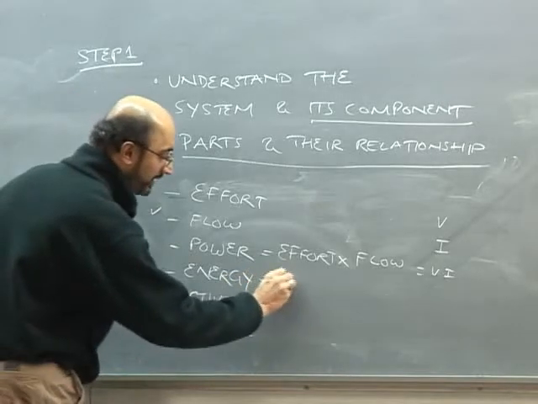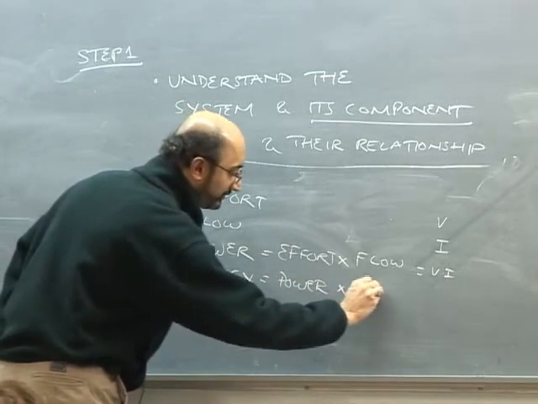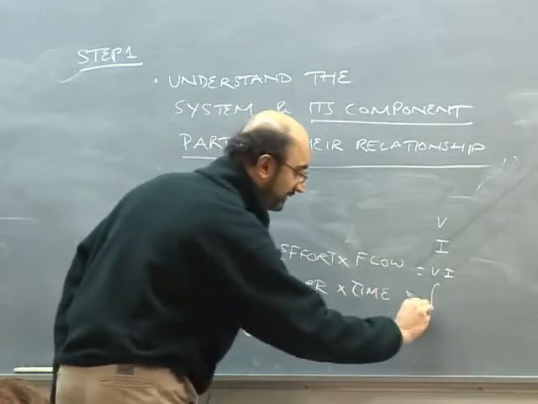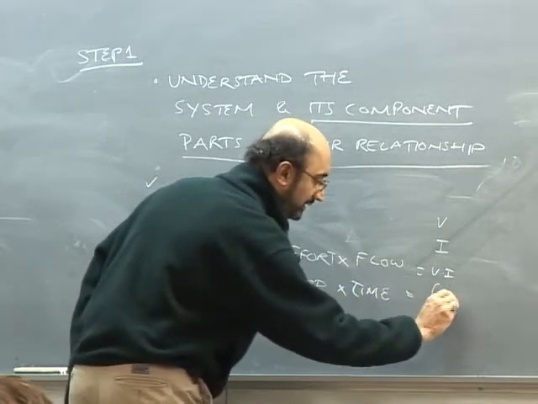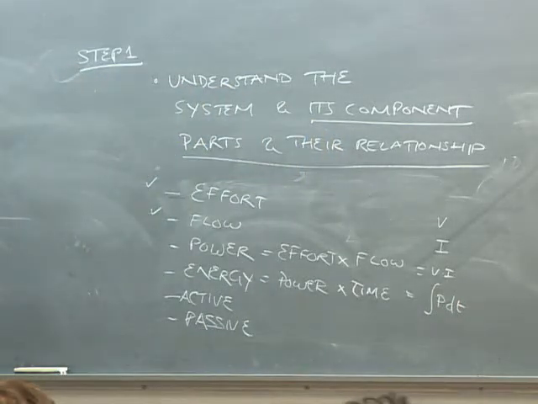Energy is basically power times time, the time over which the power is expended, or to be more precise, the integral of power times dt is going to be the energy. So if you take electrical energy, let's say a 5 watt element that consumes 5 watts.